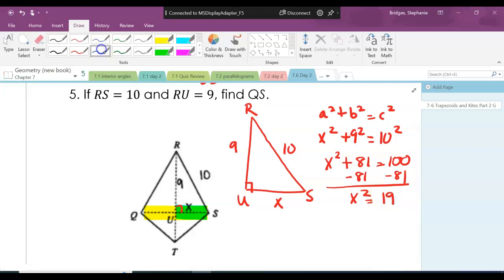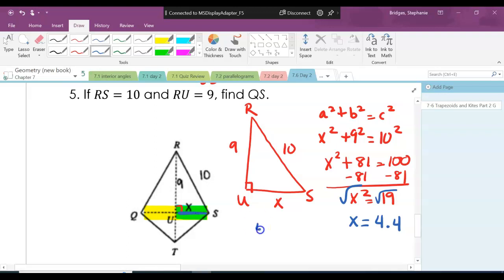Okay. And then we need to take the square root, and I want you to round it to 1 decimal place. In your calculator, the square root of 19, remember it's second x squared, enter your 19 and hit equals. 4.4? Does that sound about right, everybody? So if x, the half, is 4.4, what would I have to do to figure out what the whole thing is?